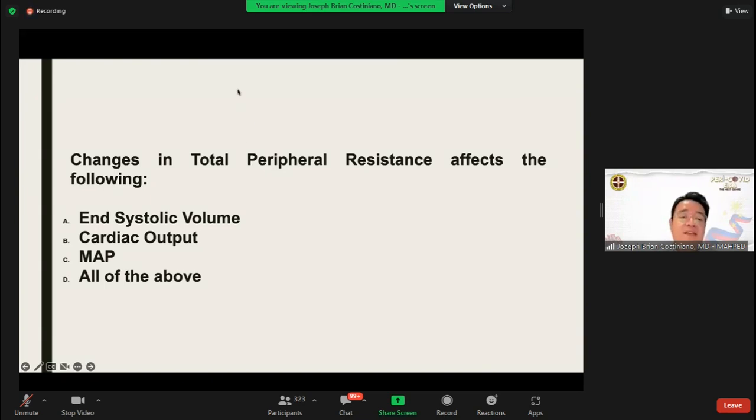Okay, it's correct. So question is cardiac output. Will cardiac output be changed or will be affected if there is changes in your total peripheral resistance? Then of course, no? Because your cardiac output is heart rate times the stroke volume. And your stroke volume is determined also by your preload and your afterload. Eh, yung mean arterial pressure, Doc, ano ba yung mean arterial pressure?